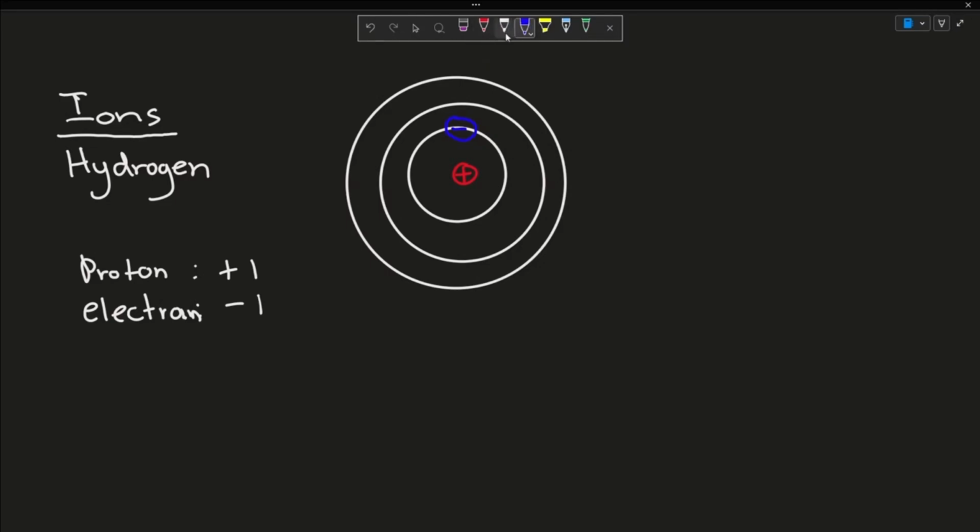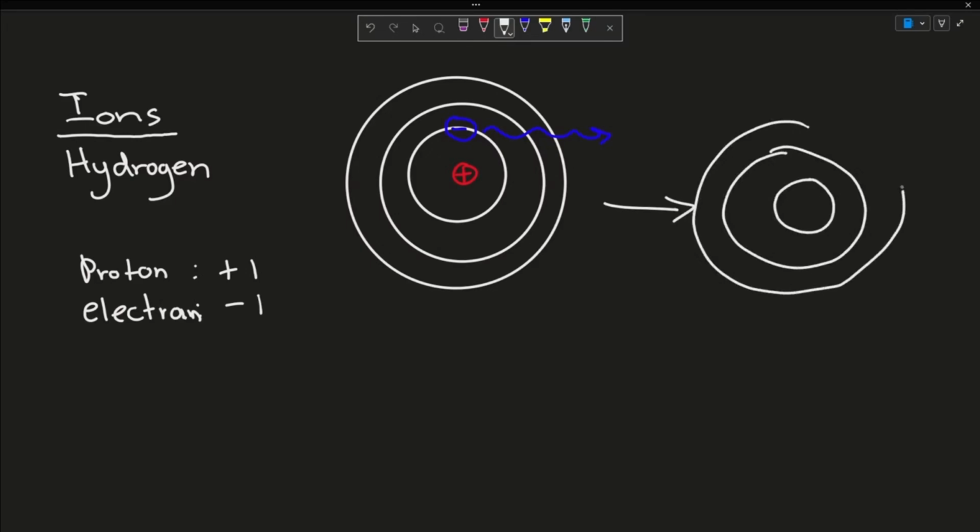Now in the case of hydrogen, if we want to get a hydrogen ion, we're going to boot out this electron. So it's going to say goodbye. It's going to get what is called ionized, which makes sense because we're turning it into an ion. So if the electron leaves us, we can then be left with, excuse the poor drawing, just one proton in the nucleus with no electrons, and this is what we would call a hydrogen ion, which is represented with an H plus or H plus 1.